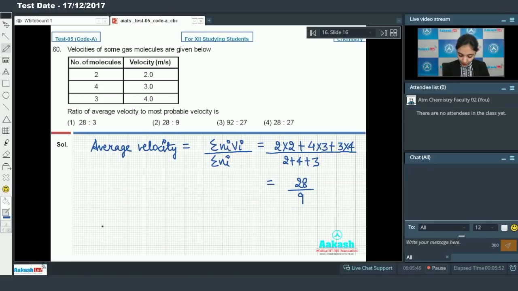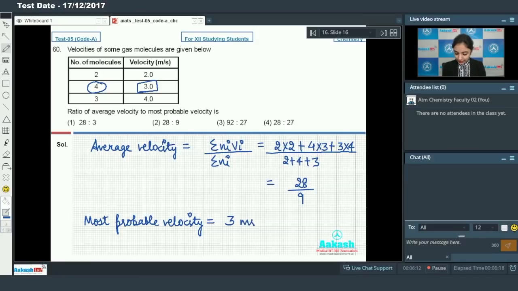And now you have to calculate the most probable velocity, which is equal to the velocity acquired by the most number of molecules. The highest number of molecules is 4, so the corresponding velocity is 3. So the most probable velocity will be 3 meter per second.